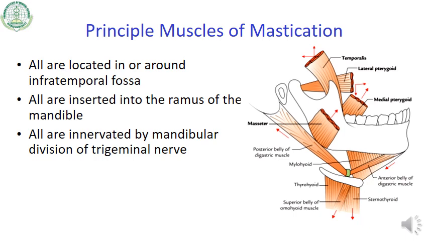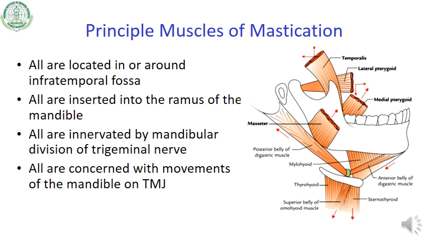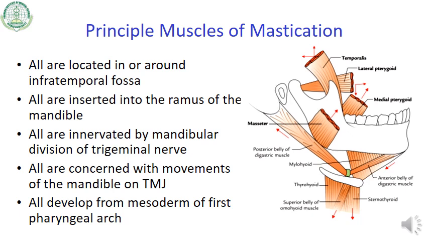So that's why all the muscles of mastication are supplied by mandibular nerve. All the muscles of mastication, they are concerned with movements of the mandible at the temporomandibular joint. And as I told you, they are developed from mesoderm of first pharyngeal arch.